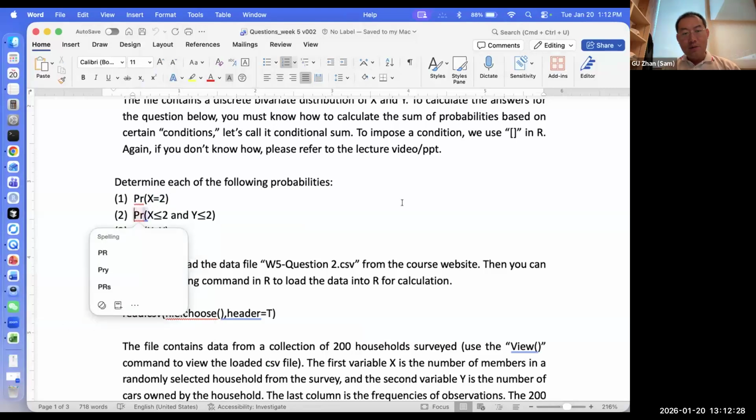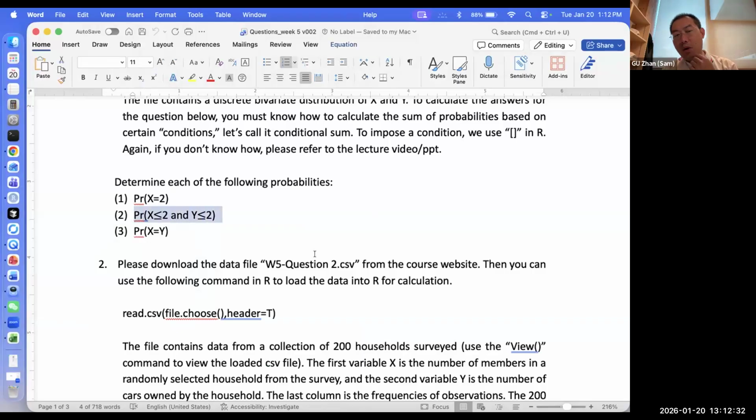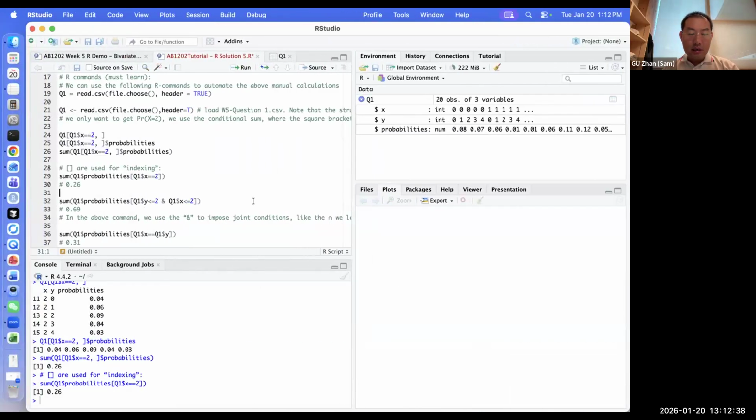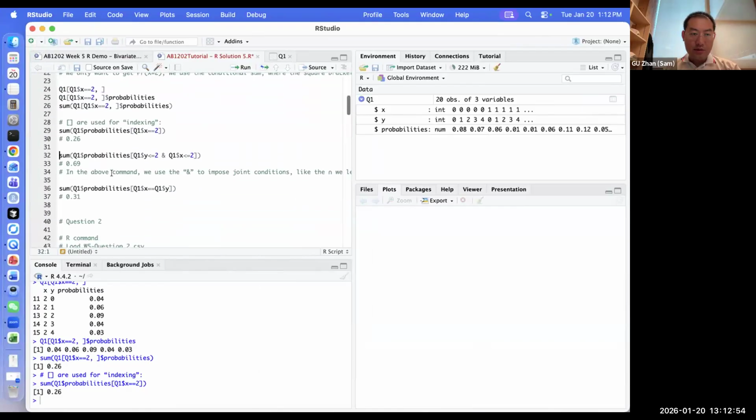0.26. Then the probability x less than or equal to 2 and at the same time y less than or equal to 2. So we want two conditions. We can still use this concept for the second question.